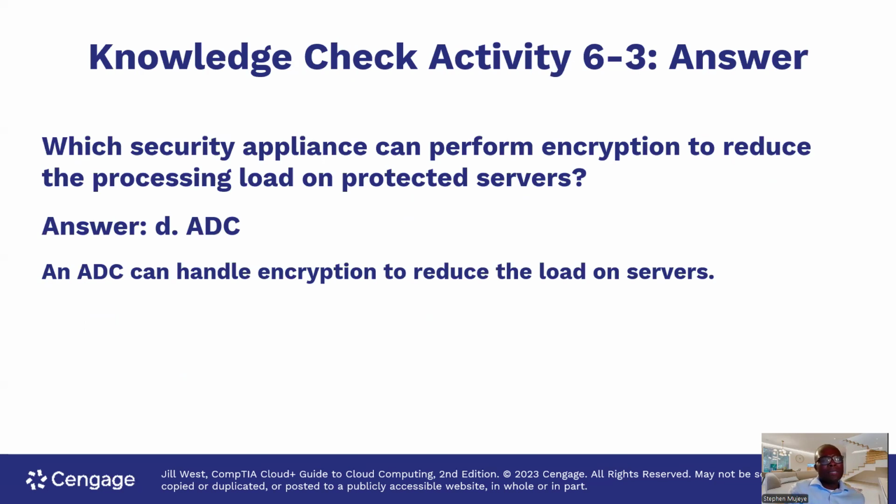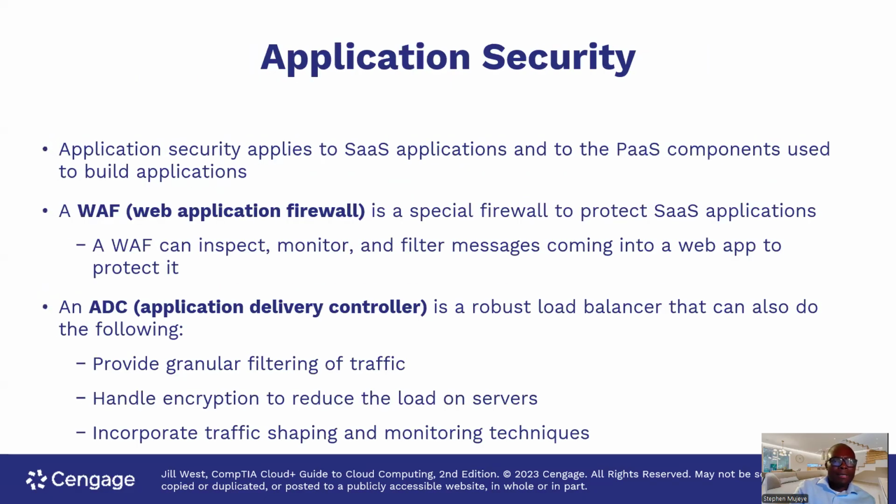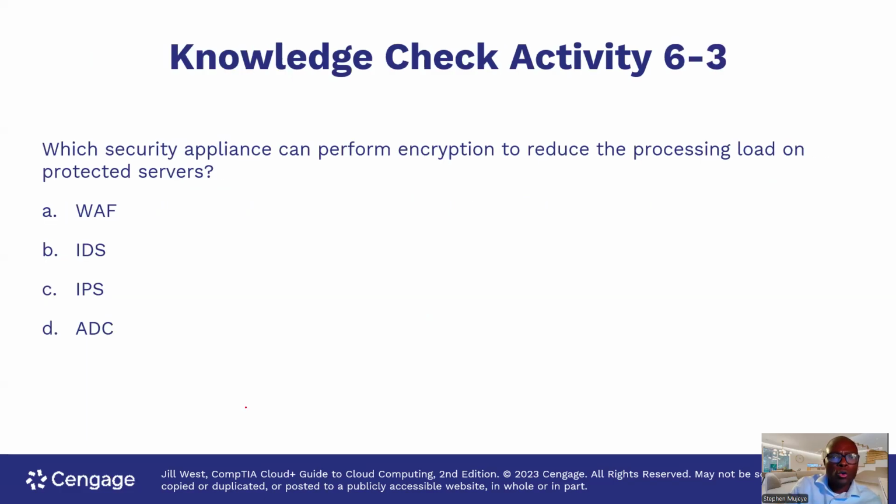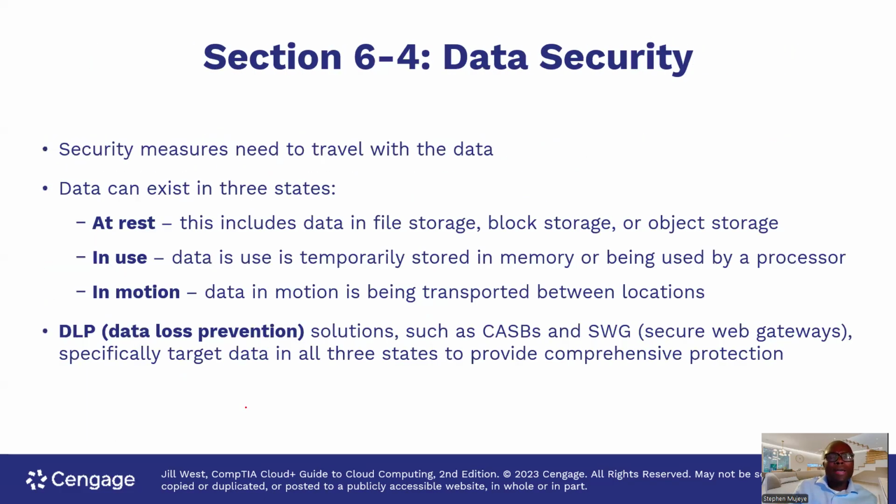ADC. The ADC can handle encryption to reduce the load on servers, right? So that's the application delivery controller there. As you can see right here, it can handle encryption, the application delivery controller. All right, so moving on to data security.